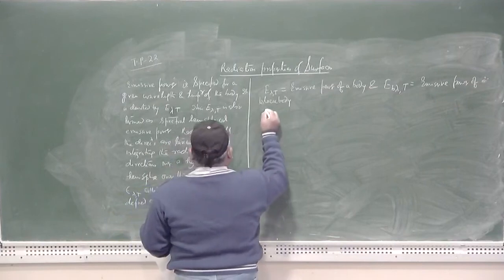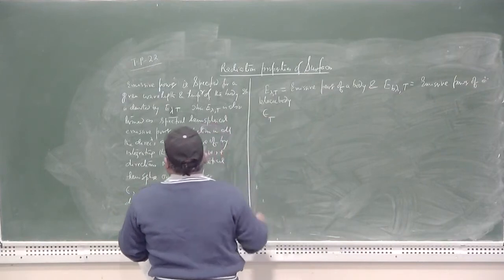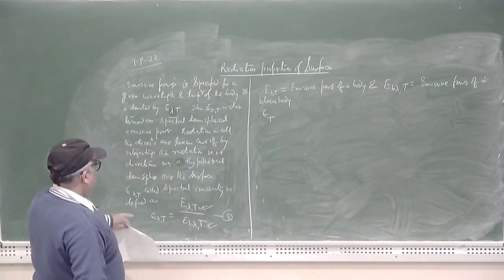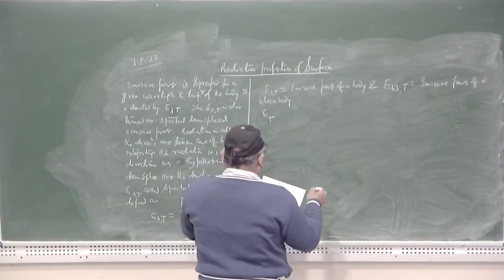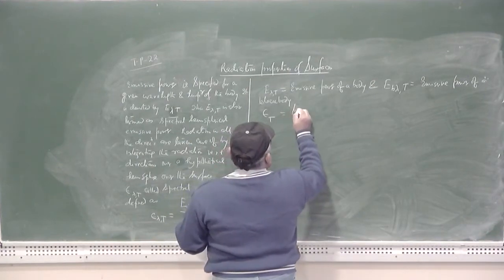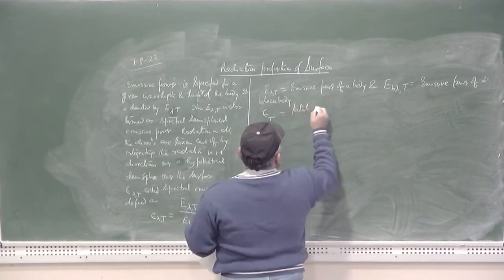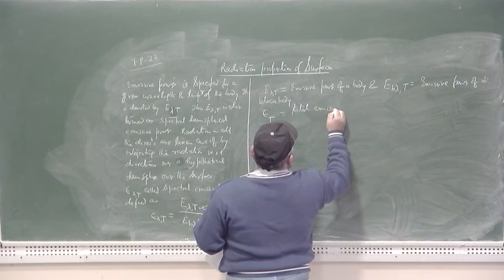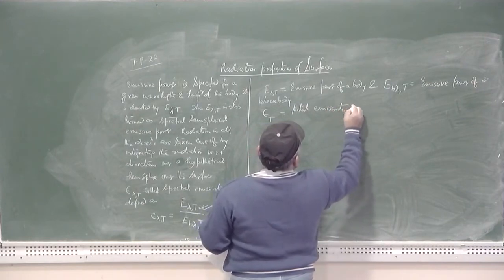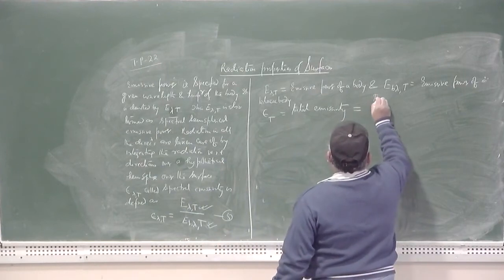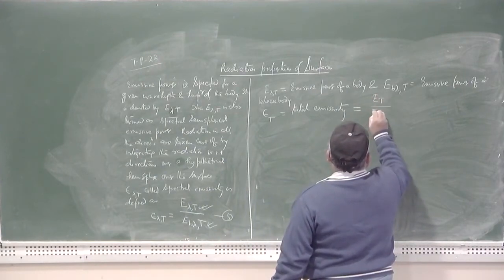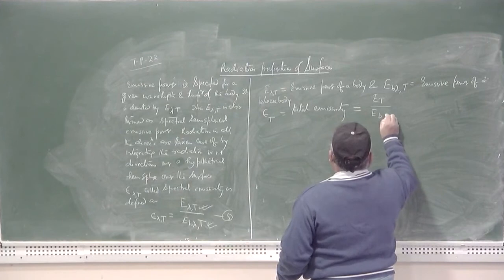And also this quantity, epsilon t, is called the total emissivity, defined as E t divided by E b t.